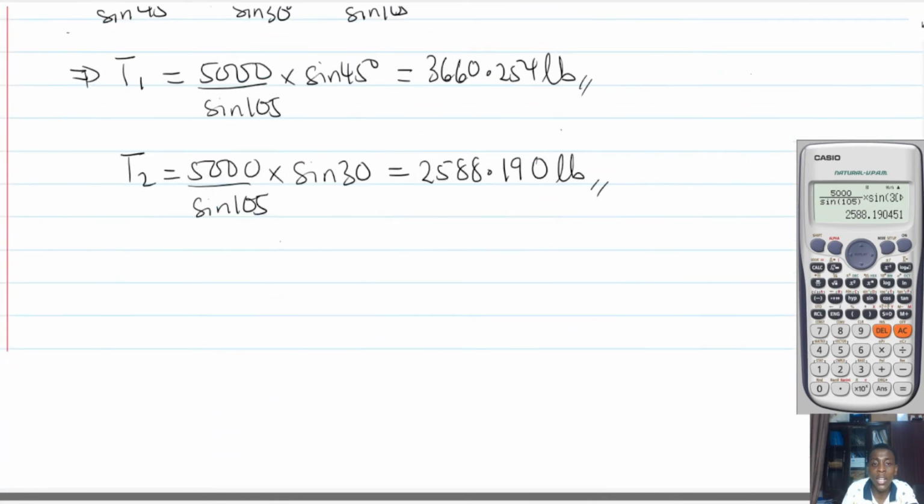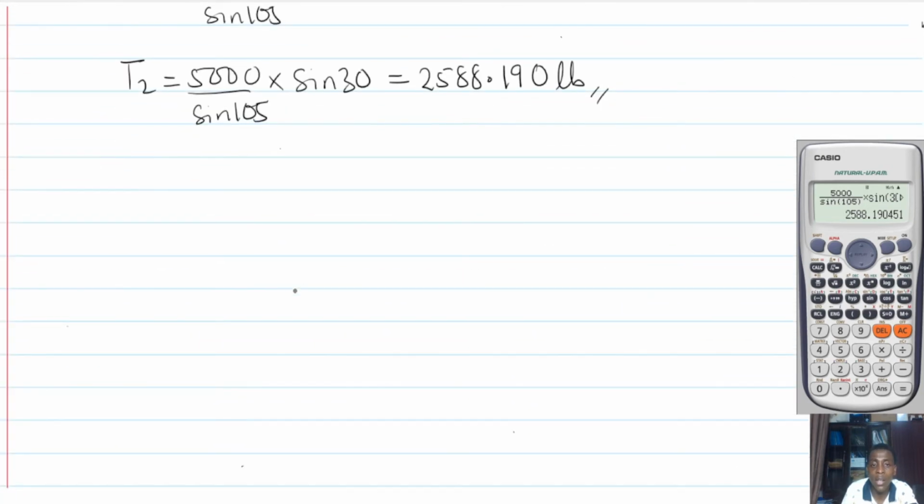So I will draw it again, but this time around, this is how it's going to look. T1 will be here, and then I have the resultant, which is 5,000 pounds here, and then I have the T2 here.